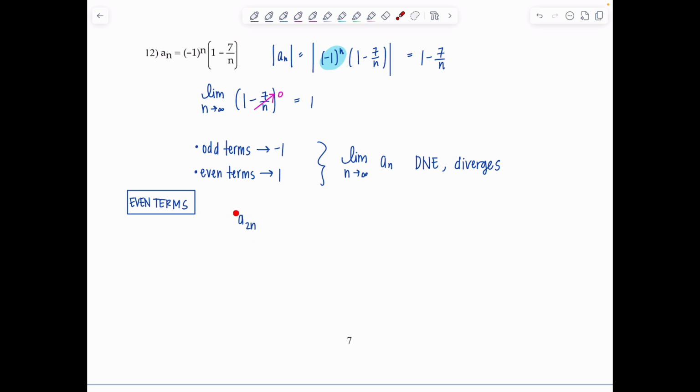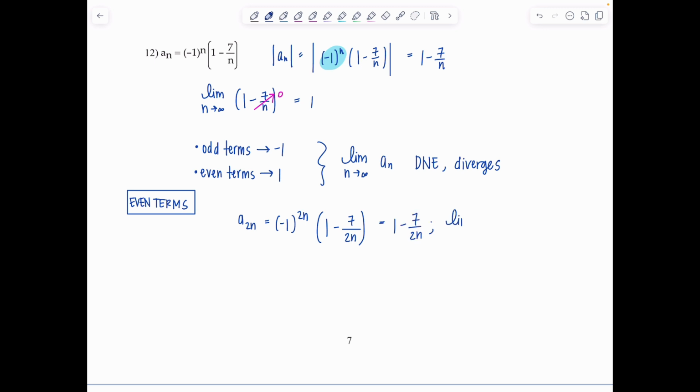So a sub 2n is some even term of the sequence. A sub 2n is going to be negative 1 to the 2n times 1 minus 7 over 2n, right? I'm just plugging in 2n here. Well, negative 1 to the 2n, since this is even, it's going to be positive 1. So then this is just 1 minus 7 over 2n.